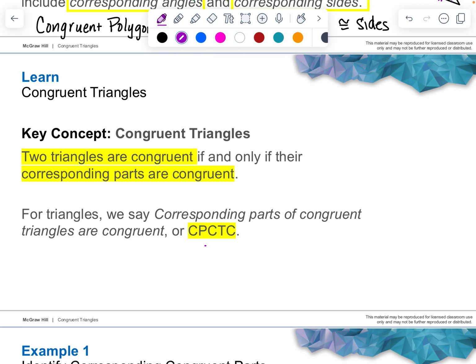And then this one right here, we want you to tuck in your back pocket because you are going to use it in proofs. For triangles, we say that corresponding parts of congruent triangles are congruent. So this is the whole long thing right here. You see, corresponding parts of congruent triangles are congruent, and we shorten it to CPCTC.